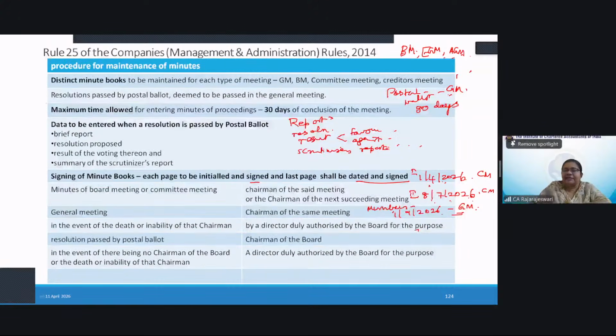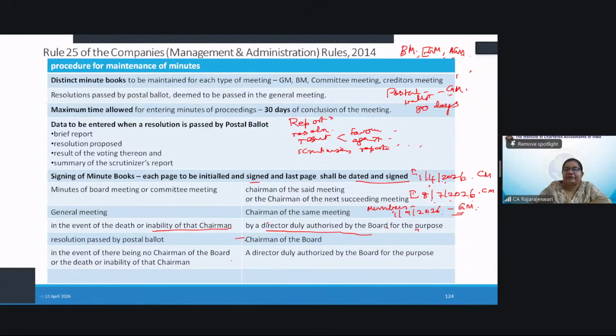Then, in case of death or inability of that chairman, in case of a general meeting, a director duly authorized by the board for the purpose has to sign the general meeting minutes. In case of resolution by postal ballot, the chairman of the board generally declares the result, so he will sign the minutes.